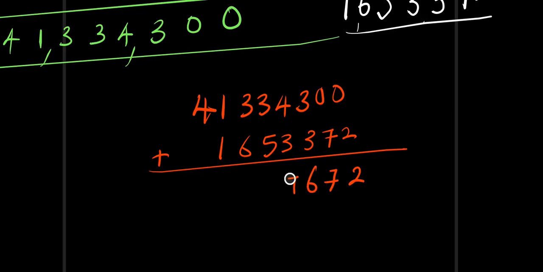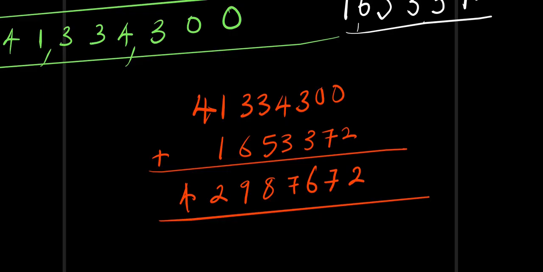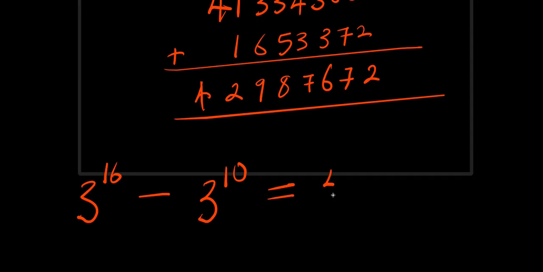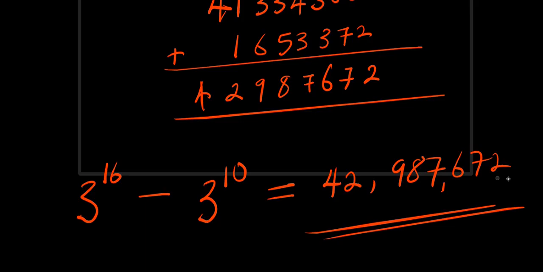This is 7. This is 8. This is 9. This is 2. This is 4. So our answer for 3 power 16 minus 3 to the power of 10 is 42,987,672. And we have achieved this without the use of a calculator.